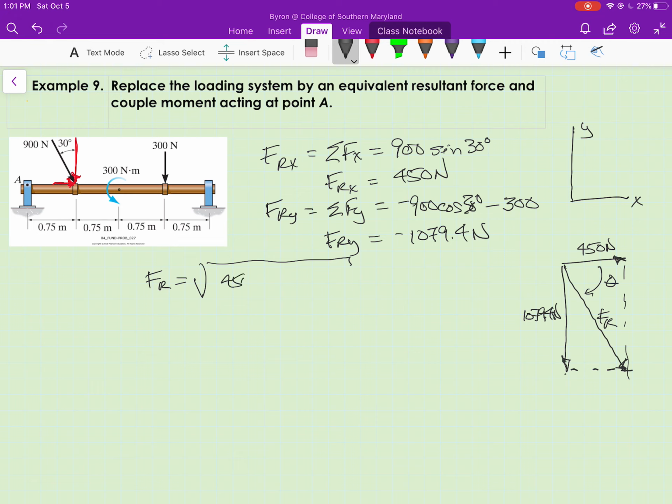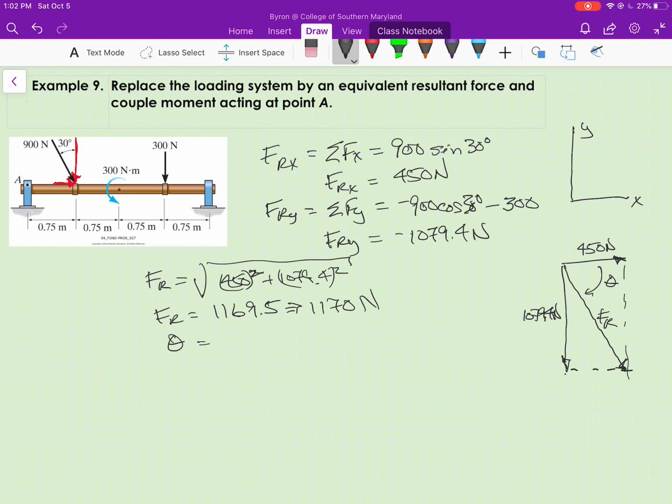So it's 450 squared plus 1079.4 squared, or F sub R equals 1169.5, which will round to 1170 newtons. So that's the magnitude of the resultant force.